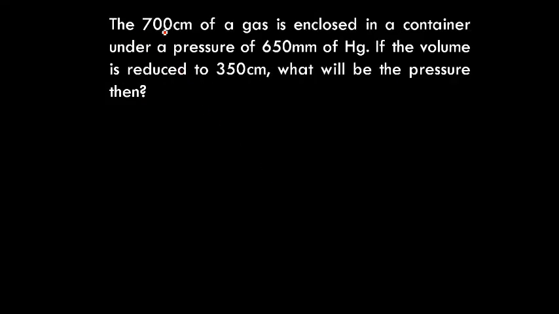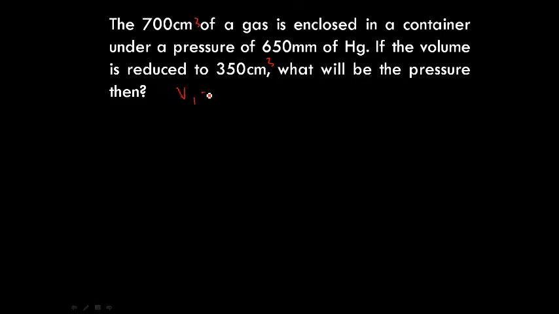Another example: 700 cubic centimeters of a gas is enclosed in a container under a pressure of 650 millimeters of mercury. This is another unit of pressure. If the volume is reduced to 350 cubic centimeters, what will be the pressure then? So first of all, write the data.